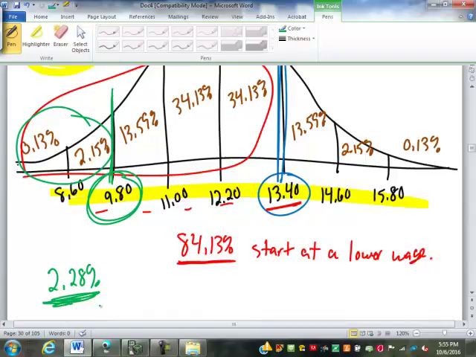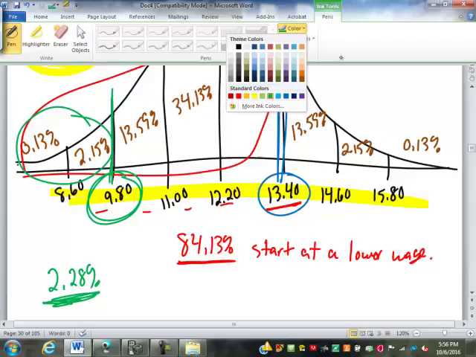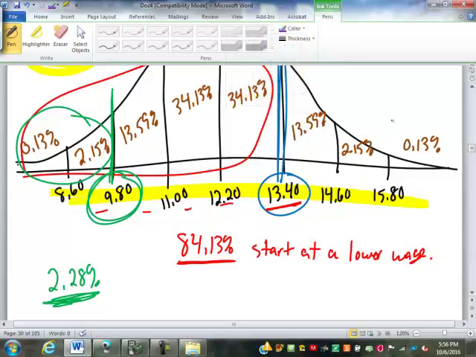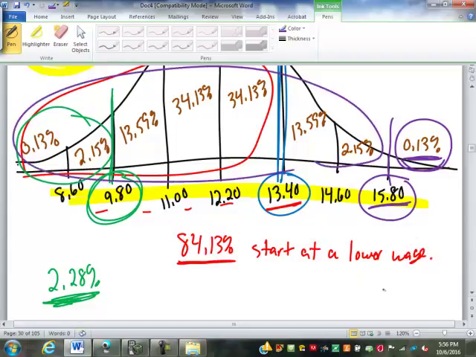So they probably could do better. If you talk to somebody who's making $15.80, that's telling you that only 0.13% of the people in that area are making more than them. Or I could subtract it the other way. If I add all these percents up, that would be 99.87% of people in that area are making less than them.